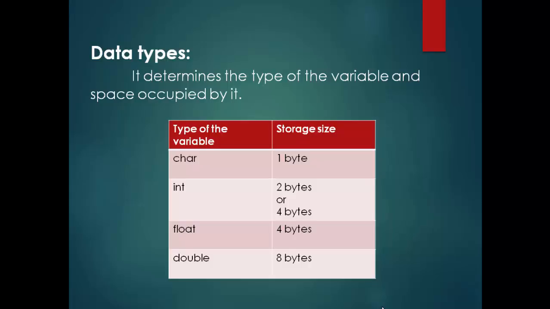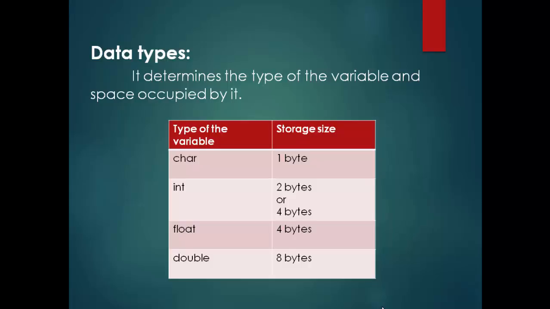Char occupies 1 byte of data, whereas the size of int is dependent on compiler used and word size of the machine. For example, Dev C++ and GNU GCC, which is used in Linux, refers int as 4 bytes and Turbo C3 refers int as 2 bytes. The float and double are referred as 4 bytes and 8 bytes respectively.